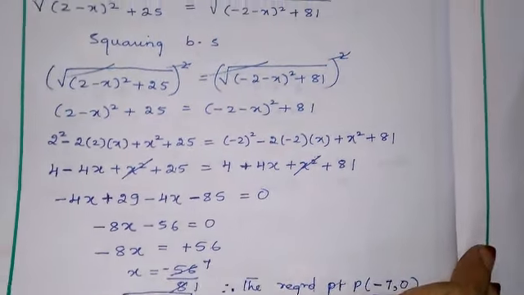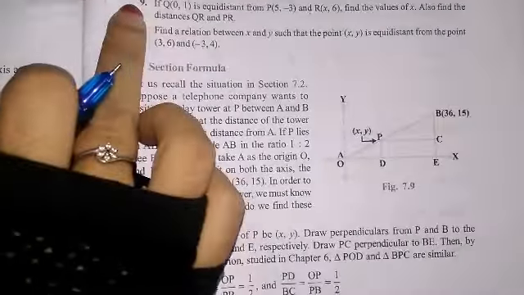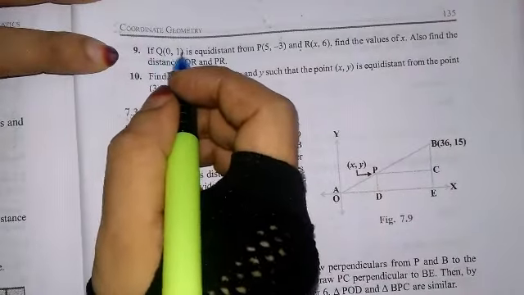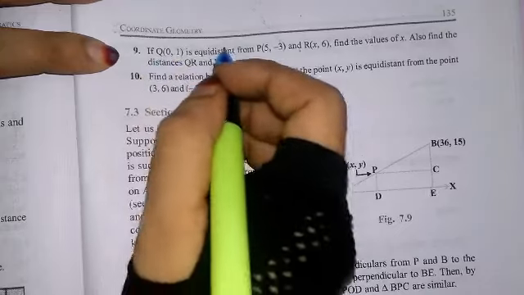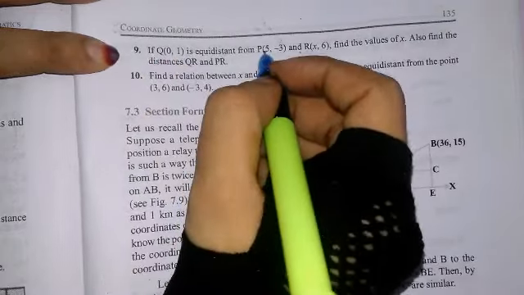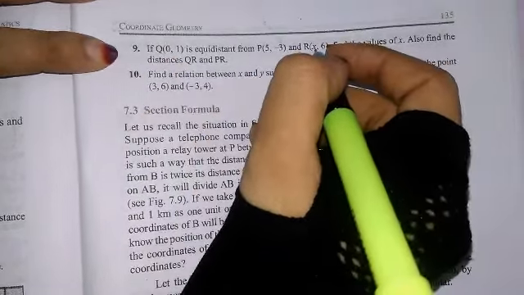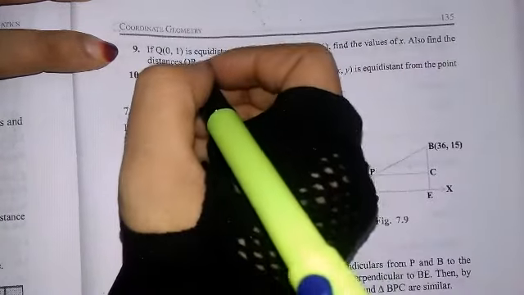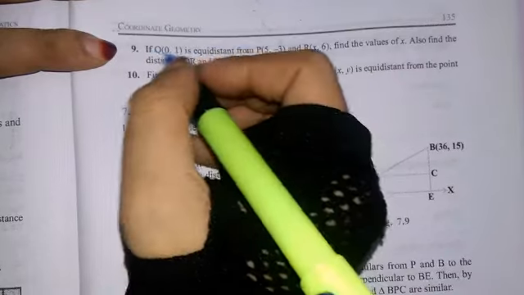So exactly same like the 7th problem is problem number 9. See here, let me show you the question. If Q(0, 1), already they have given Q, is equidistant to P and R, find the value of x and also find the distance between QR and PR. Exactly same.